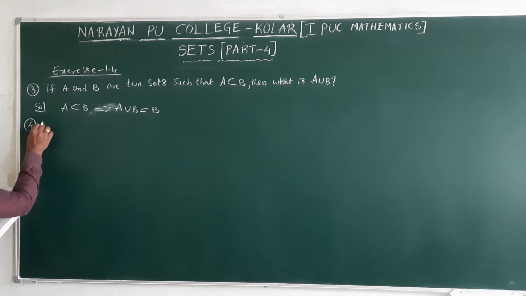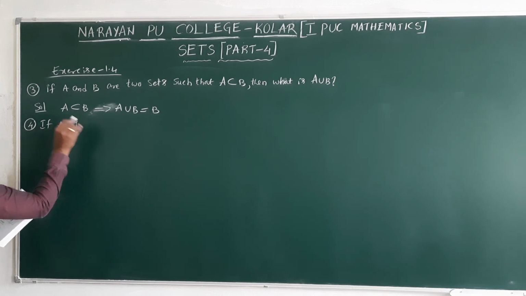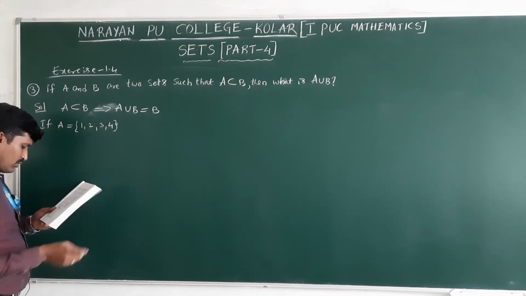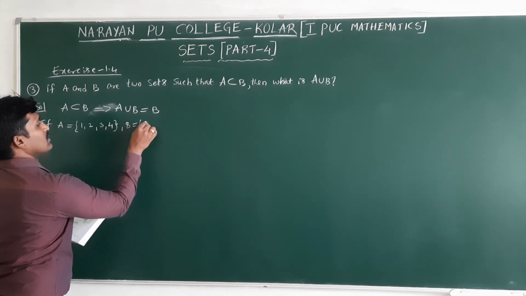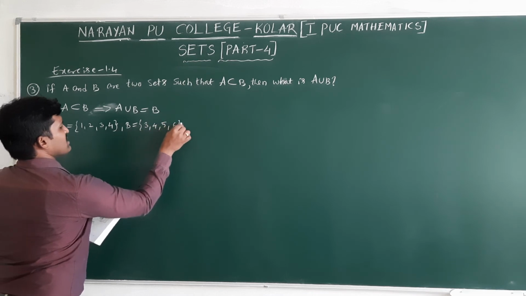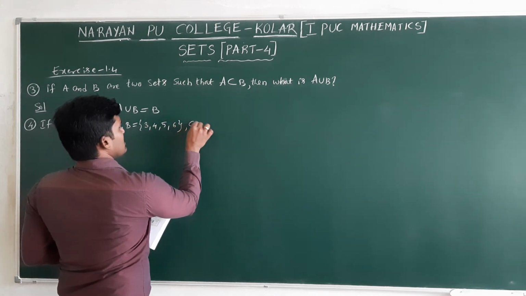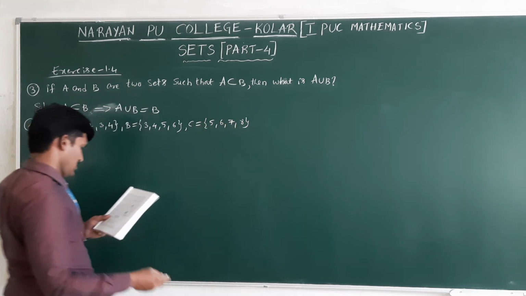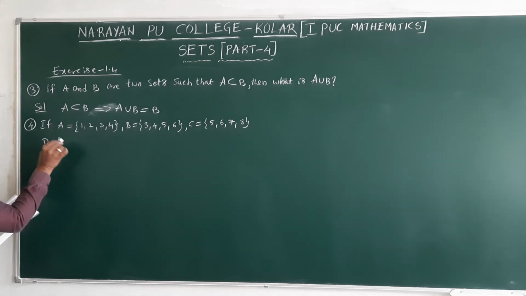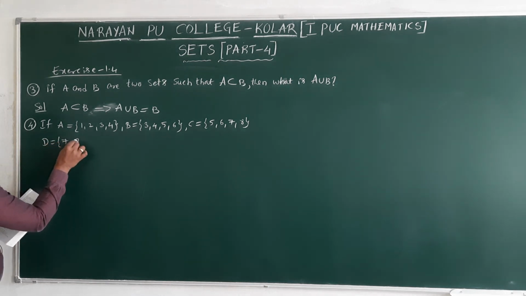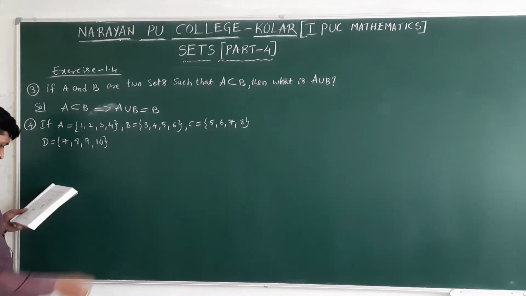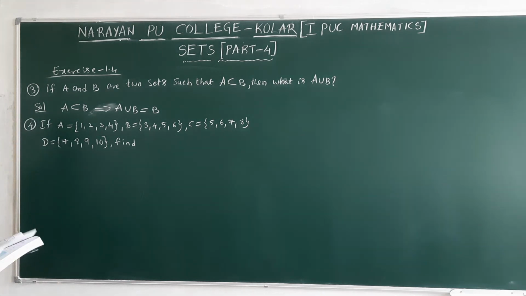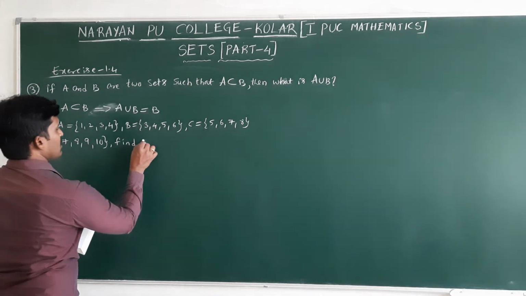Next, the fourth one. If A equal to 1, 2, 3, 4, B equal to 3, 4, 5, 6, C equal to 5, 6, 7, 8, D equal to 7, 8, 9, 10, we need to find these values.